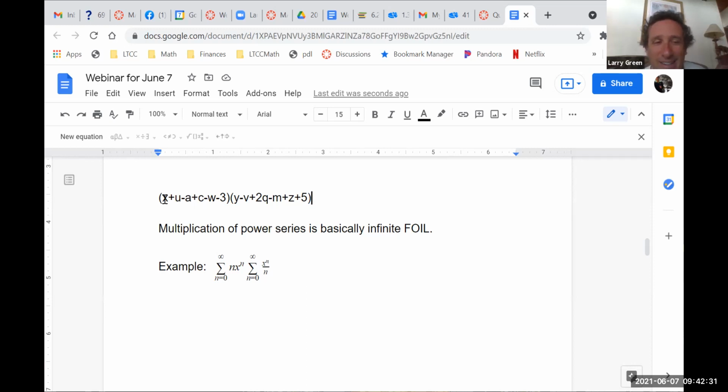How many terms are there in the power series we're looking at? There's an infinite number. Okay? So now we're talking about an infinite number of terms times an infinite number of terms. I think they call that hell.